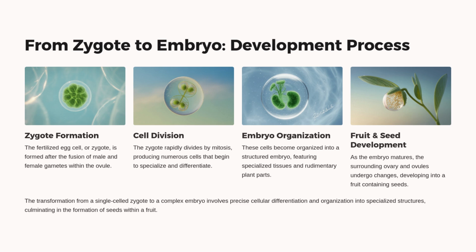Fruit and seed development. As the embryo matures, the surrounding ovary and ovules undergo changes, developing into a fruit containing seeds. The transformation from a single-celled zygote to a complex embryo involves precise cellular differentiation and organization into specialized structures, culminating in the formation of seeds within a fruit.